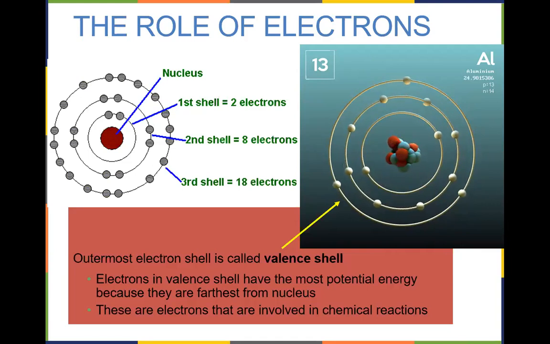So typically, we pay attention to the valence shell. We see how the electrons are moving. We know that the outermost shell, whatever it is, is the valence shell, and that's where our potential energy is located. And we also know that atoms want to fill up their shells.